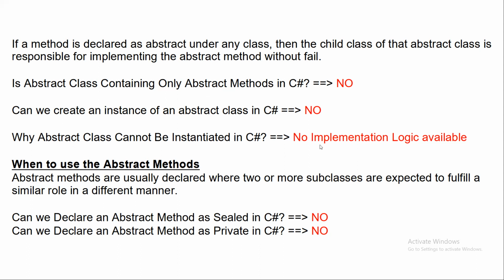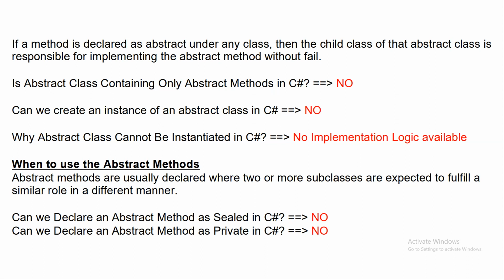And let's see where exactly we use these abstract classes. Abstract methods are usually declared when two or more subclasses are expected to fulfill a similar role but in a different manner. For example, if you want to calculate the area, for a square it would be different logic, for a rectangle a different logic, for a circle a different logic, but it's basically area only.